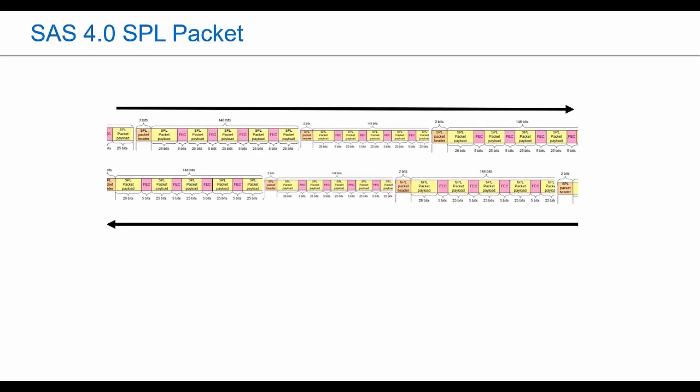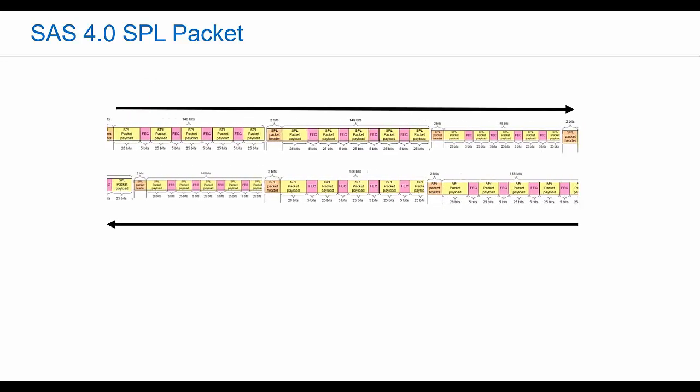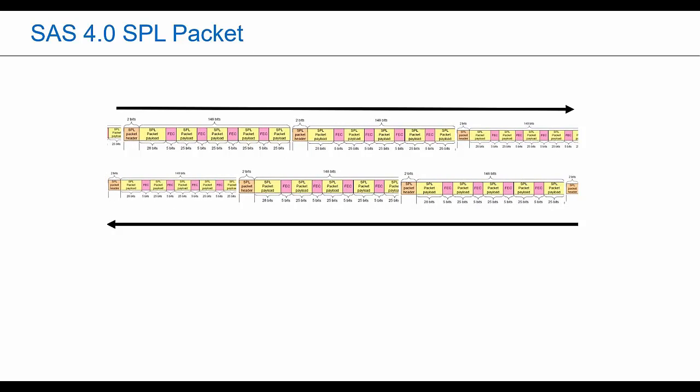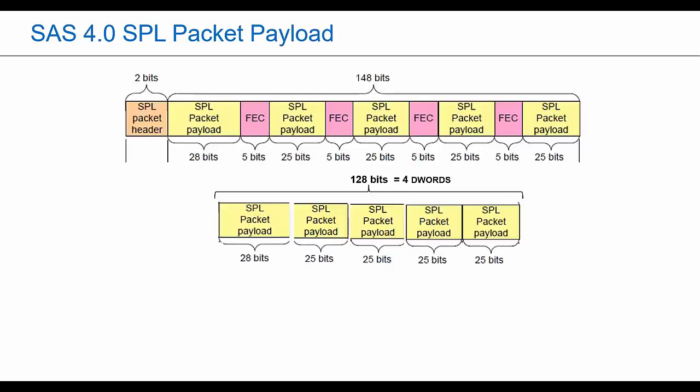SPL packets are sent sequentially, back to back, in both directions. There's always an SPL packet on the wire, which may just be scrambled idle. Now, it's the responsibility of the PHY on the receiver side to verify FEC and strip out those bits from the packet. It passes the 128-bit pattern up to the link layer, which then reassembles them into your logical SAS traffic.